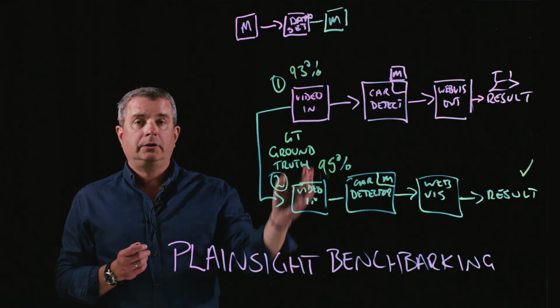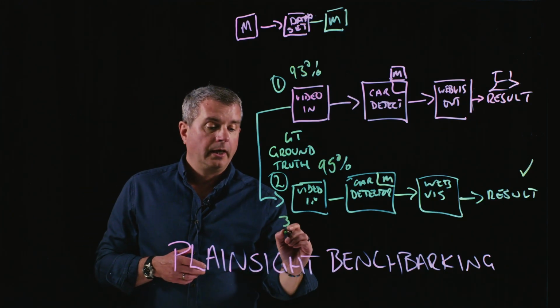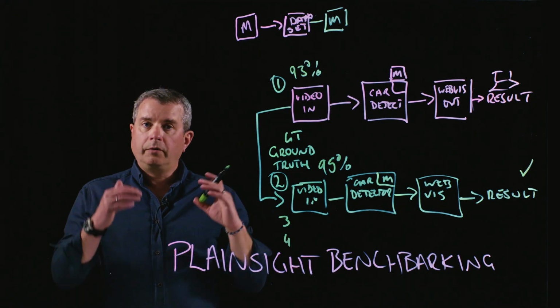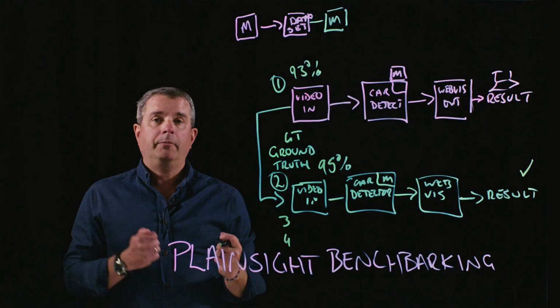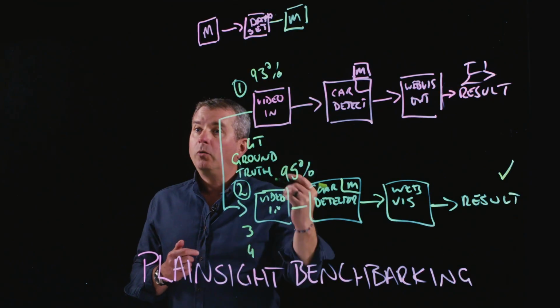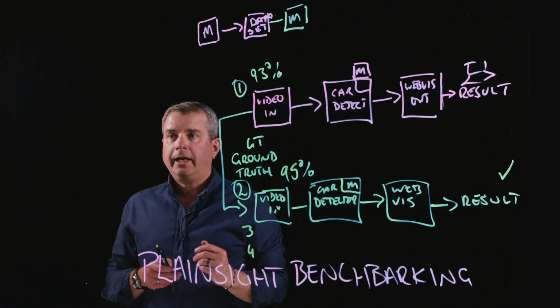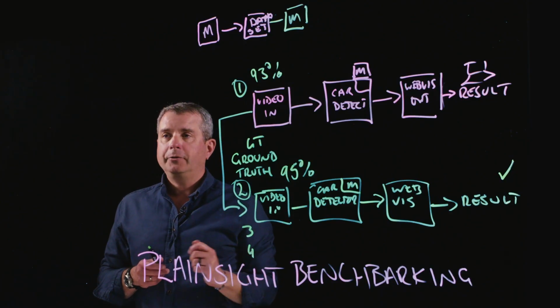But here's the great thing. We don't just do this against 1 or 2 pipelines. We can do it against 3 or 4 or multiple. So all the various different permutations of changes that you can make to hardware, to cameras, to different models, you can benchmark all of those different combinations in your pipelines to understand what is the optimum solution for my use case.